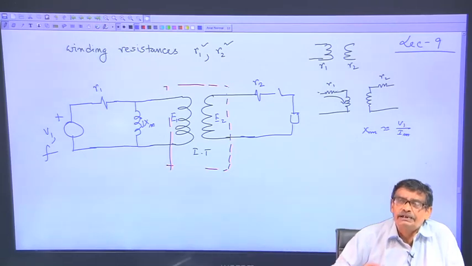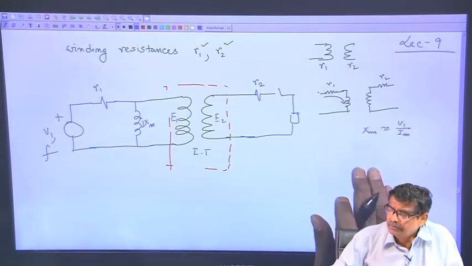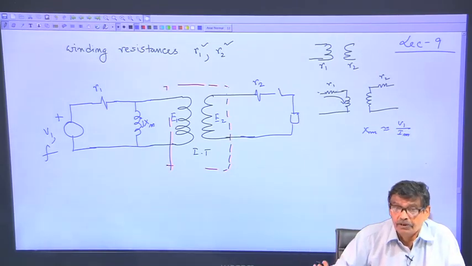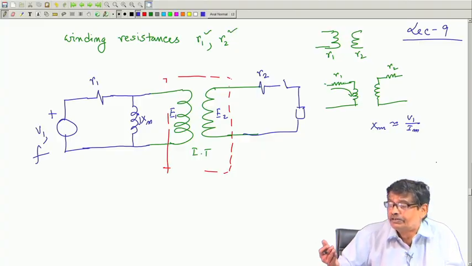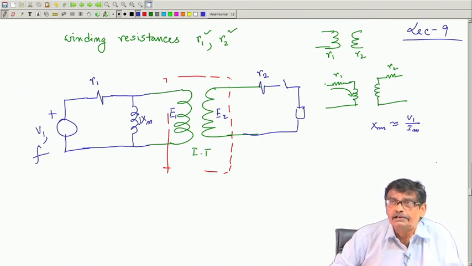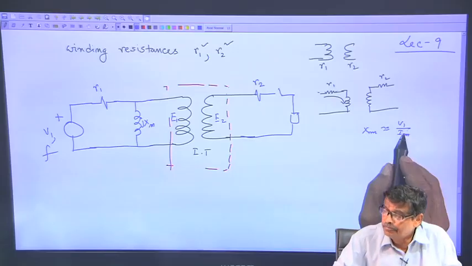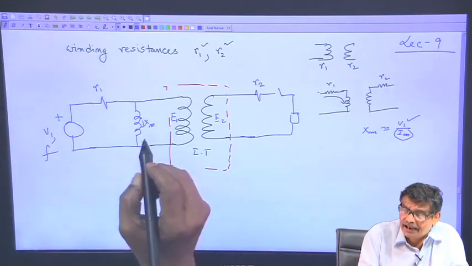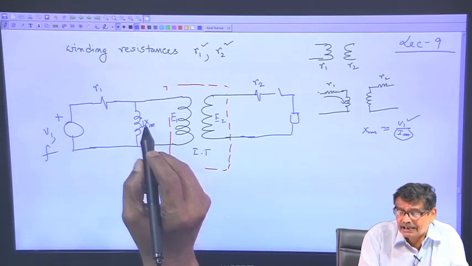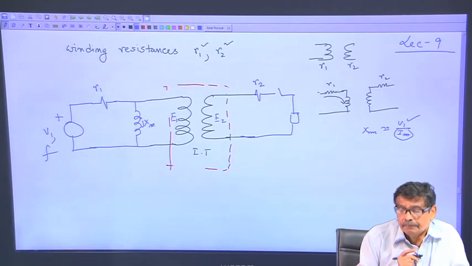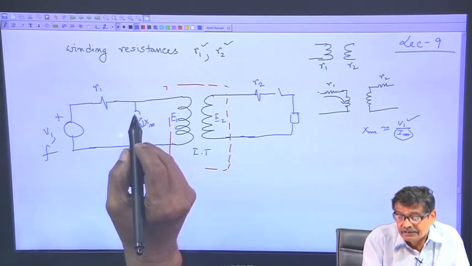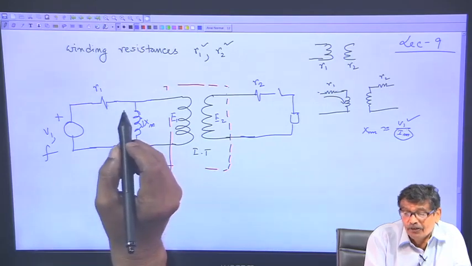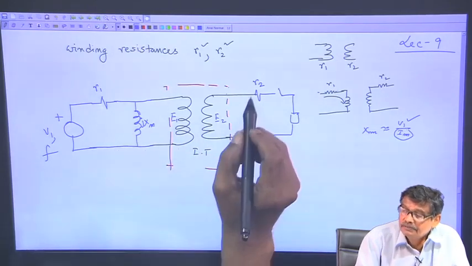Better and better material I use, which is not certainly ideal with mu r tending to infinity, maybe mu r is equal to 5000, quite a large number. So, I m will be small, B 1 is fixed. So, X m is generally high, that is why I have written capital letter, and with so many turns, just to indicate that okay, R 1 is small, small.